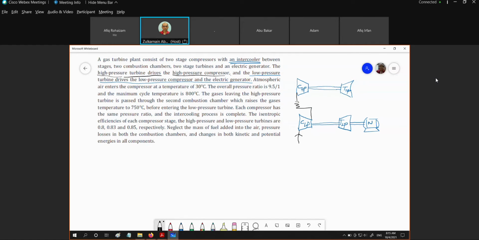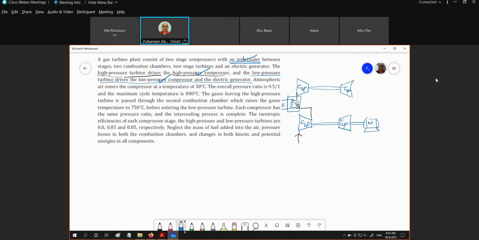So this is the intercooler. This compressed air will be cooled in the intercooler. Okay, let's say this is IC, intercooler. So we have already completed the two-stage compression process, which we stated there, the low pressure compressor and also the high pressure compressor.